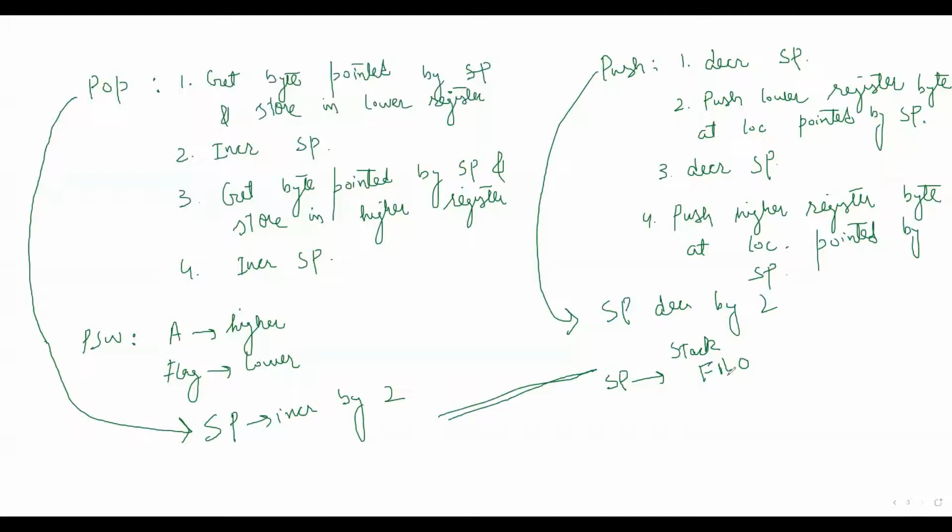We can only take data that is stored at the lowermost address, or we can say the data that has been most recently put into the stack. Okay. So the stack is accessed via stack pointer, and we can get the data in first in, last out order only. Okay. So this was all about the stack and how we can access the stack.